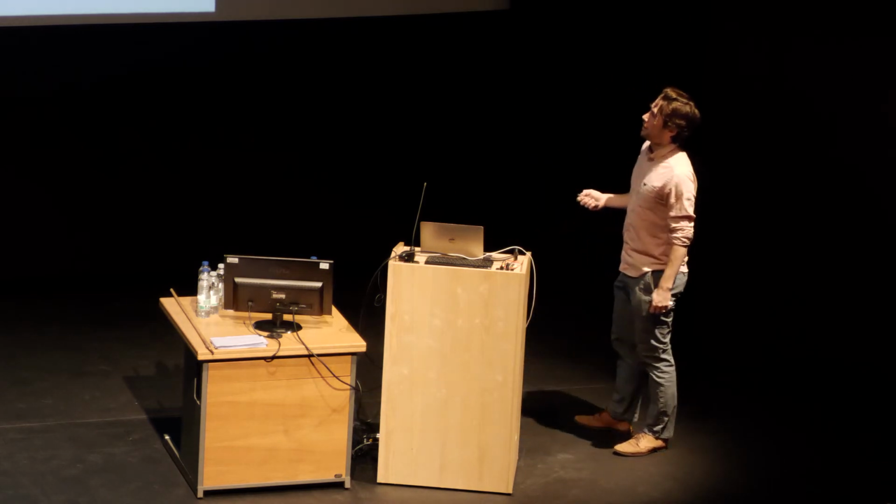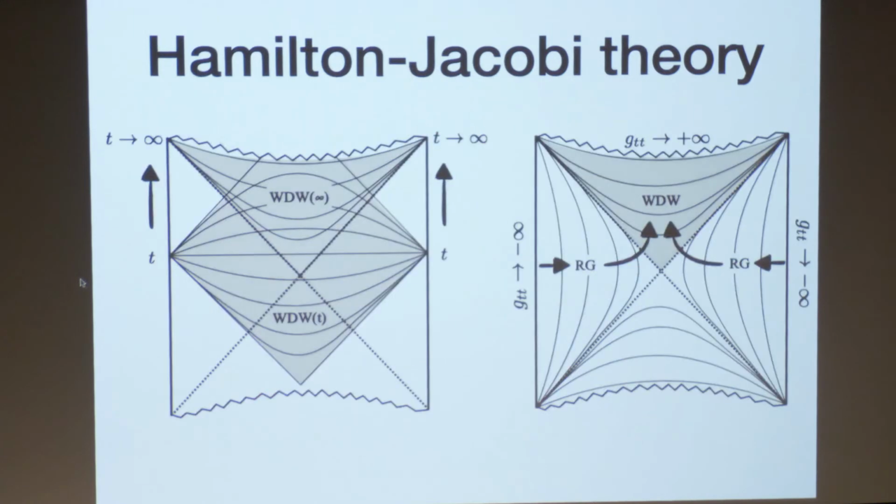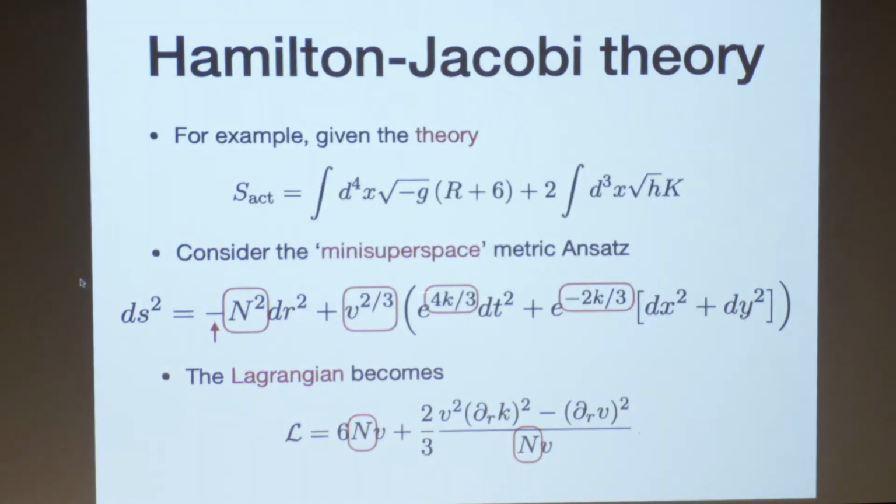Okay, so I wrote S in terms of V and K, but we could also take the same function and write it in terms of GTT and GXX. There's some trivial relation between them. So GTT is V to the 2/3 times E, and this thing is GXX.